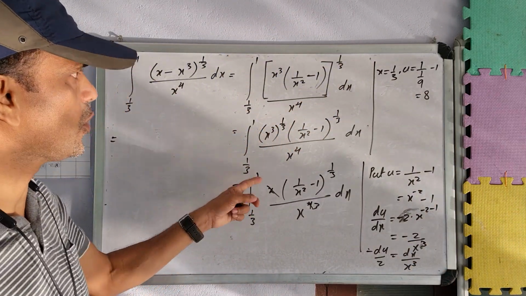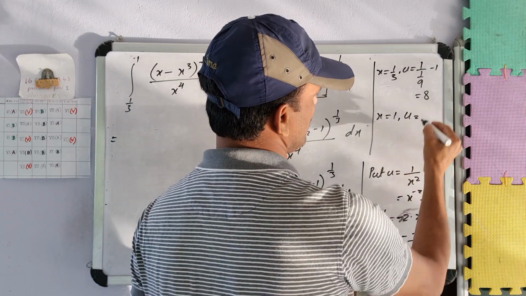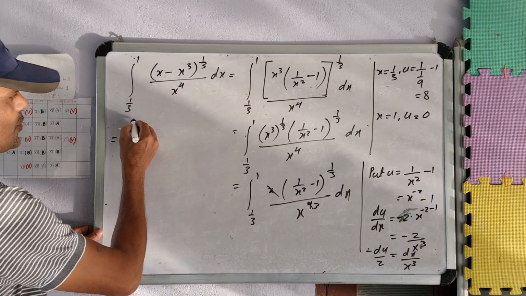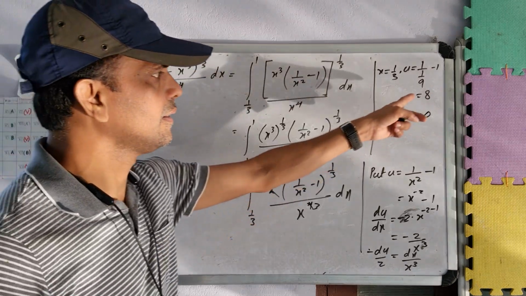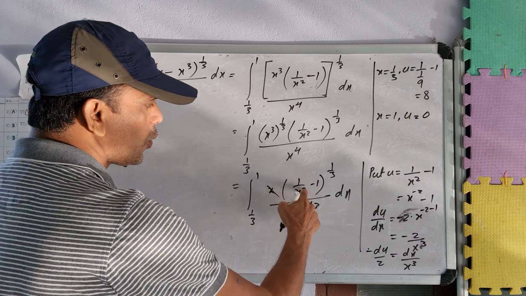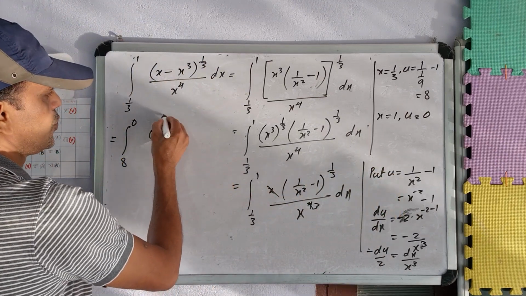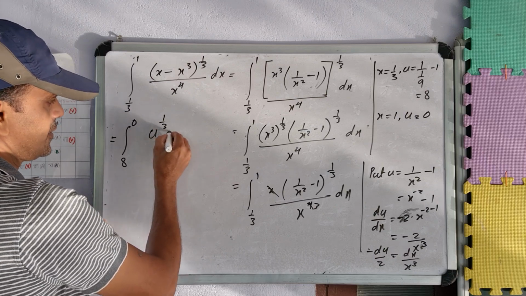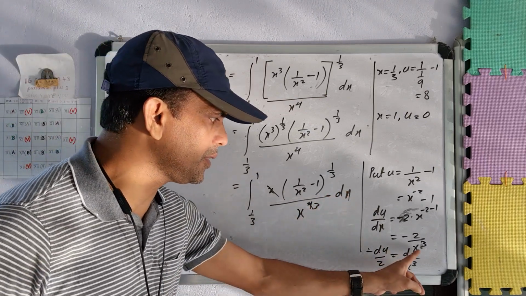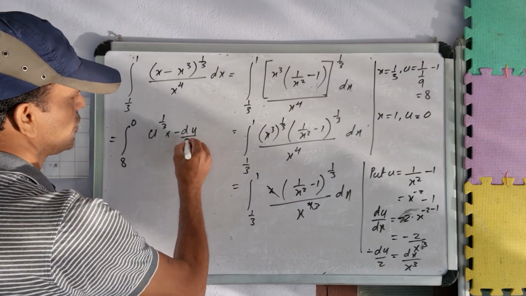And x is approaching 1, so when x equals 1, then u equals 0. So the integral goes from 8 to 0, am I right? 1 over x squared minus 1 is now u, and u raised to 1 over 3 times dx over x cubed. dx over x cubed is now negative du over 2.